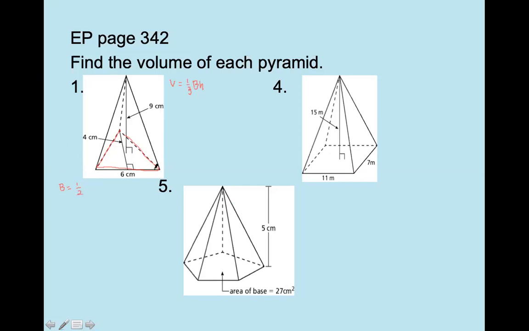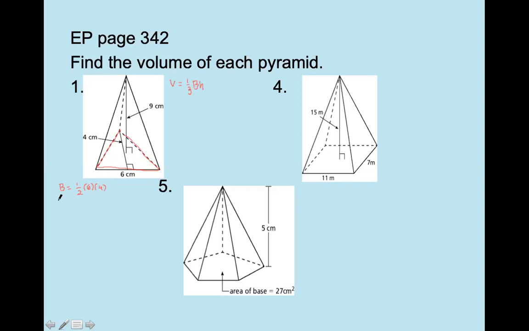Remember, I'm only looking at the triangle, that part I outlined in red. So 1/2 times the base of the triangle, which is 6, times the height of the triangle, and this is its height right here. It goes from the base perpendicular to that vertex. So 1/2 base times height.